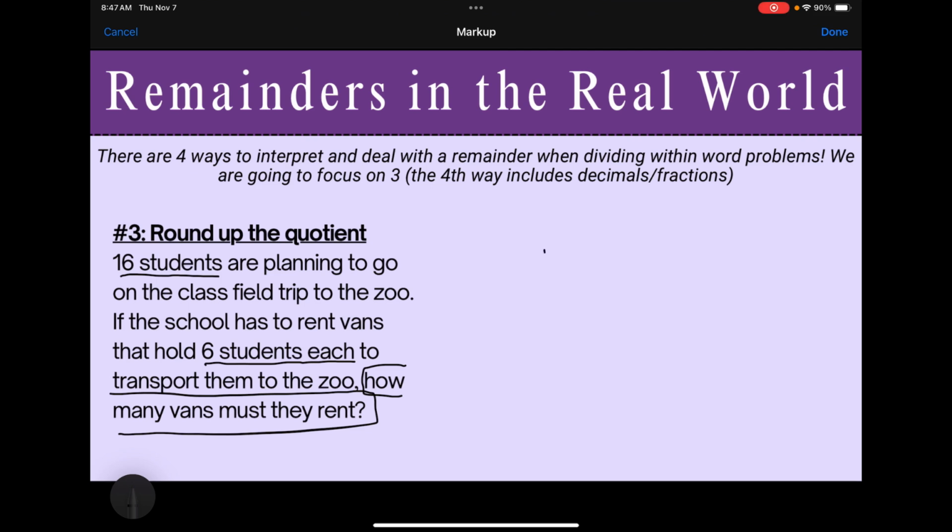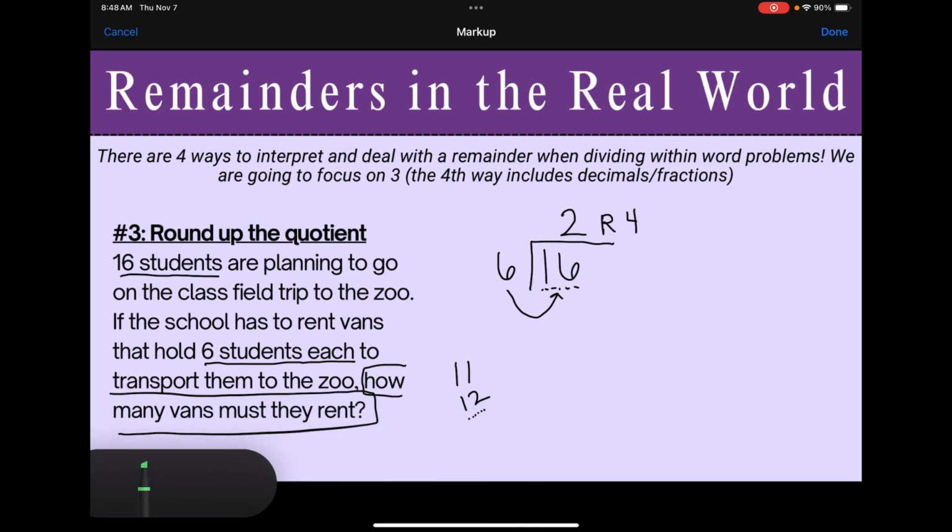So I'm going to do 16 students divided into groups of 6 for the vans. Asking myself, how many times can 6 fit into 16 without going over? 6, 12, 18 would go over. So 6 can fit into 16 2 whole times. That would have gotten me to 12. The difference between 12 and 16 is 4, so my remainder this time is 4.